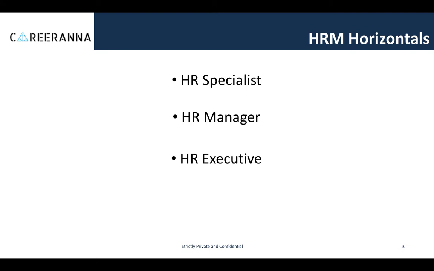One is HR specialist, second is HR manager, third is HR executive. Now we are going to see in depth what an HR specialist does, what an HR manager does, and what an HR executive does.